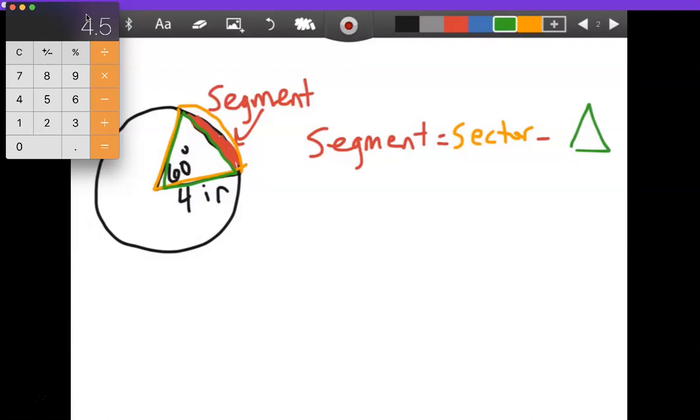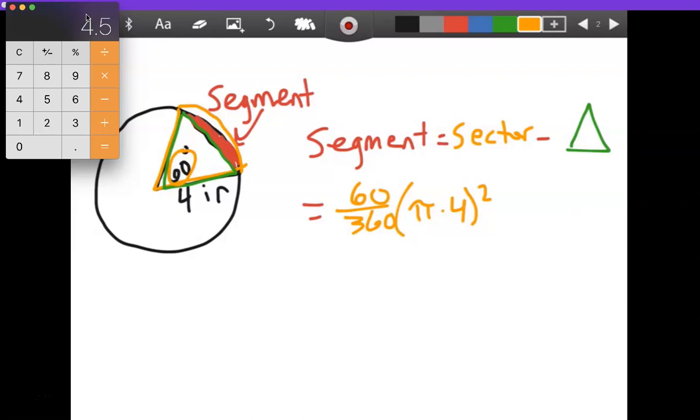So for the sector area, we have how many degrees out of 360? Well, 60 is given in the picture right here. Out of 360 times pi r squared. So pi times 4 squared.